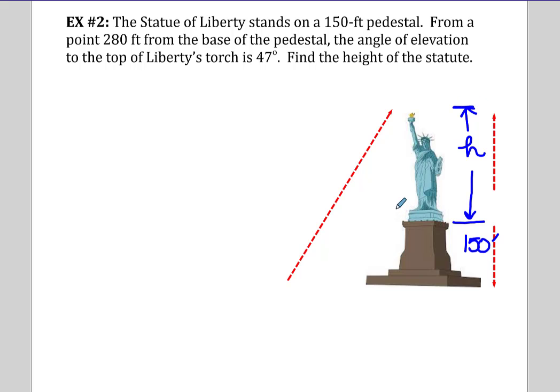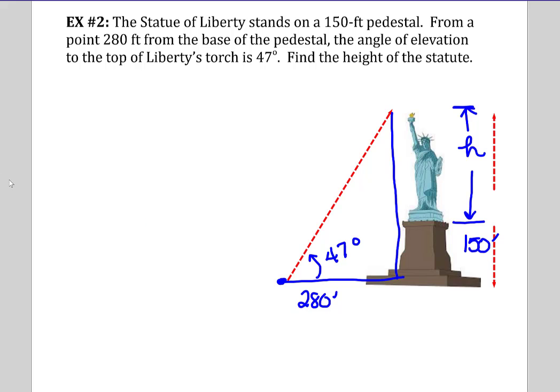And what else do we know? If we're standing out here 280 feet away from the Statue of Liberty, and we have this right triangle here, and that the angle of elevation, so that would be our eye is down here and we're looking up from the horizontal, this angle is 47 degrees.